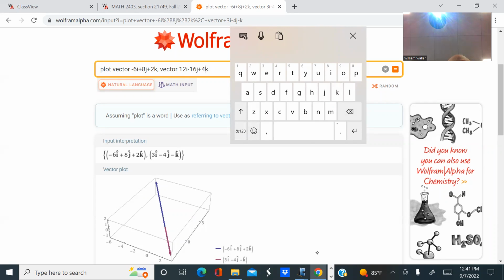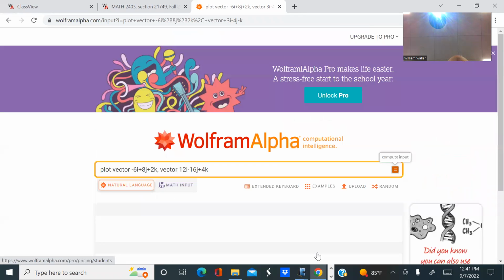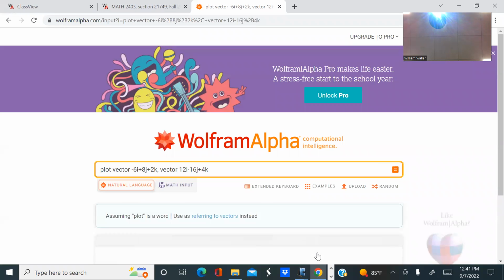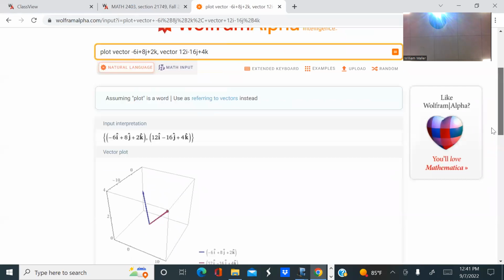And yep, see, definitely not parallel, right? Okay. Because you can see that. Let's just distinguish them.